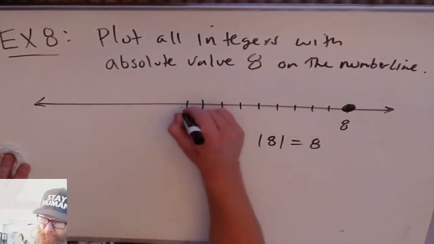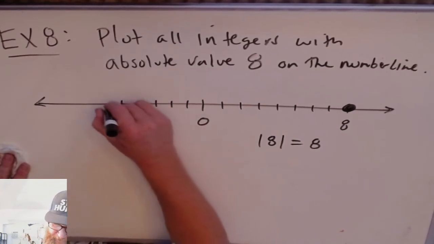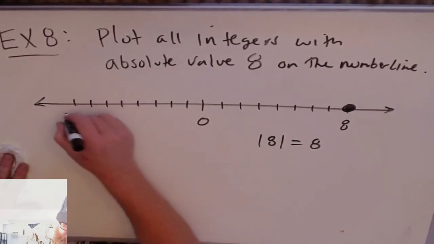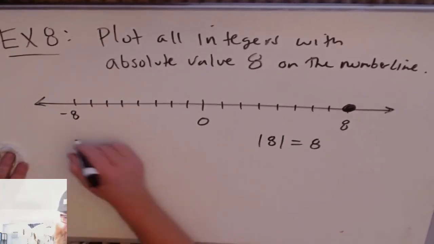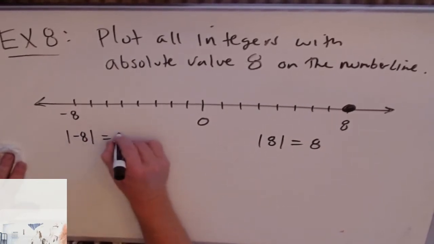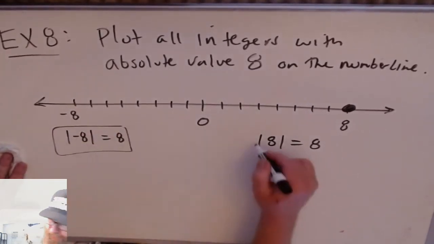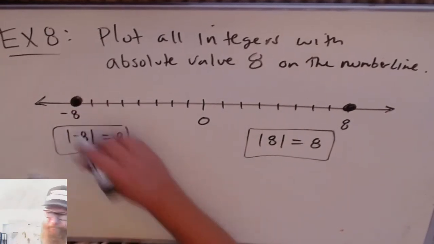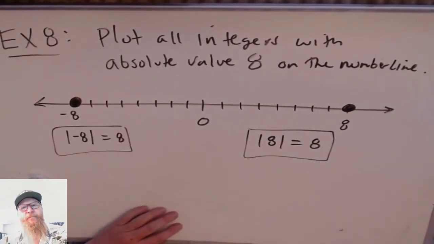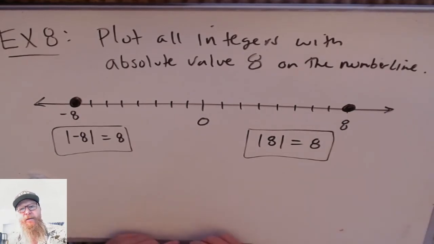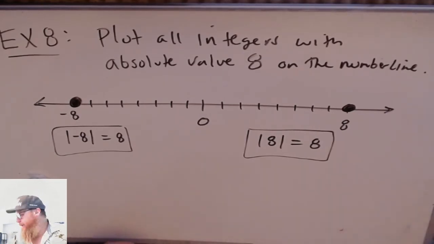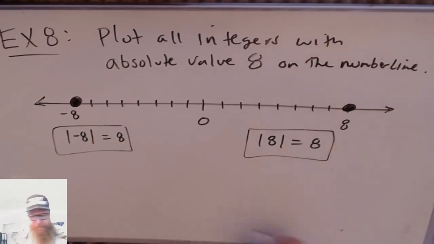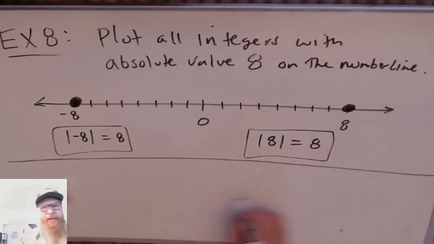And then over here, 1, 2, 3, 4, 5, 6, 7, negative 8. The absolute value of negative 8 is still 8. All right, I guess I can leave this up here.